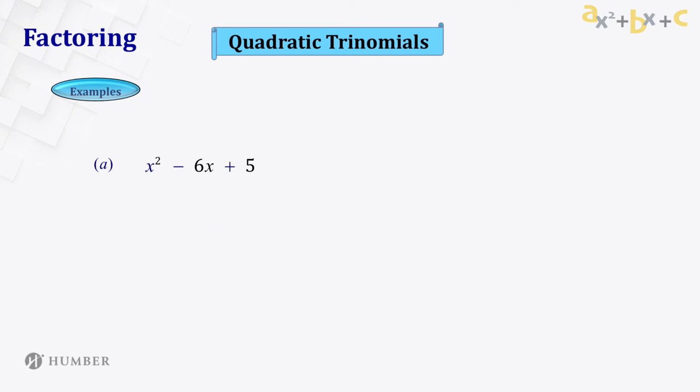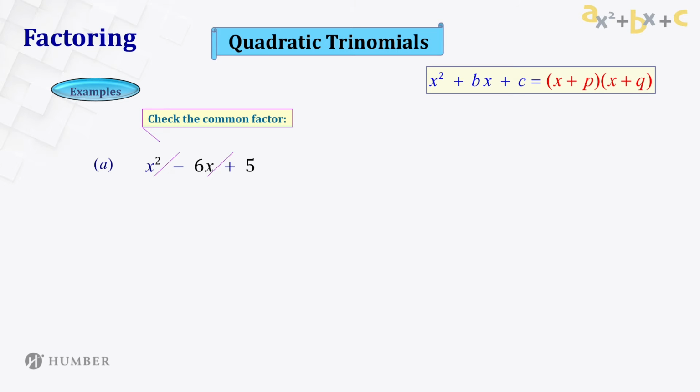Let's look at another type of questions, which is called Quadratic Trinomials. The leading coefficient is 1 in this case. As with any type of questions, we need to first check for common factors. No common factors can be found in this question.